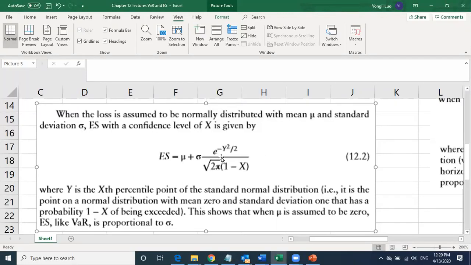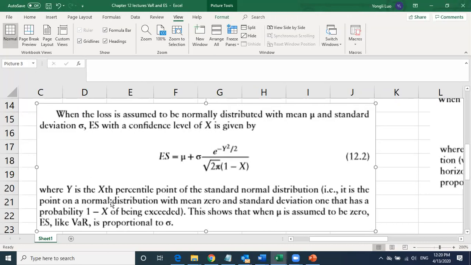So what is y? Y is the X percentile point of the standard normal distribution. It's the point on the normal distribution with mean 0 and standard deviation 1 that has a probability 1 minus x of being exceeded.